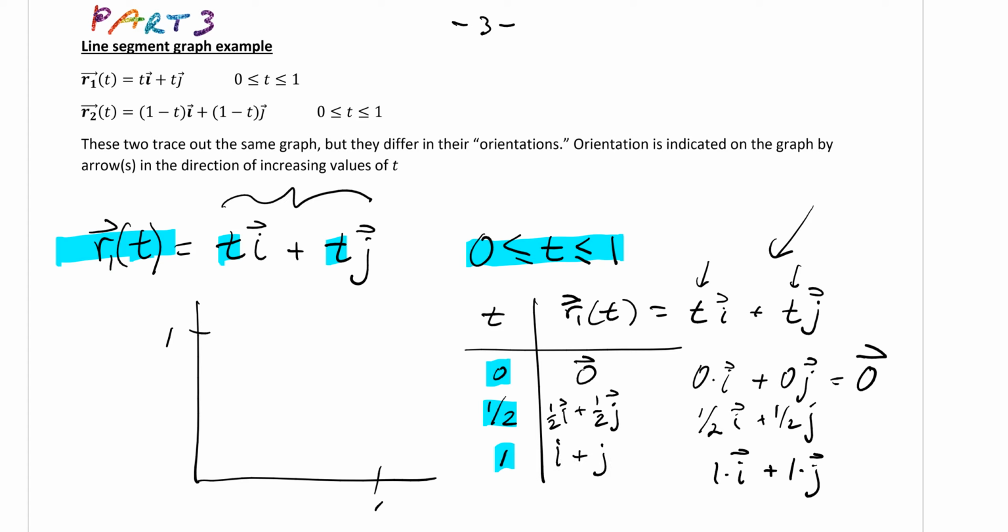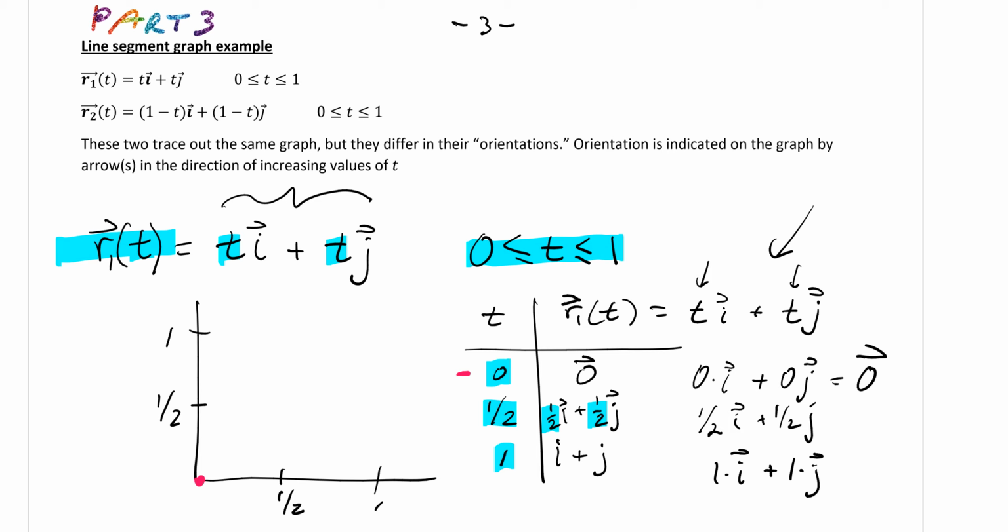So let's plot the terminal points of these 3 vectors. First one is here. Second one is 1/2 i plus 1/2 j.